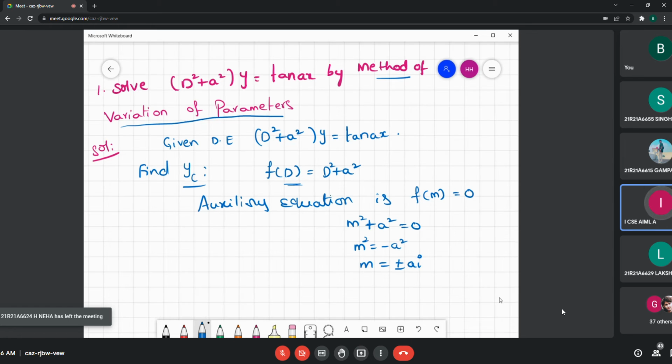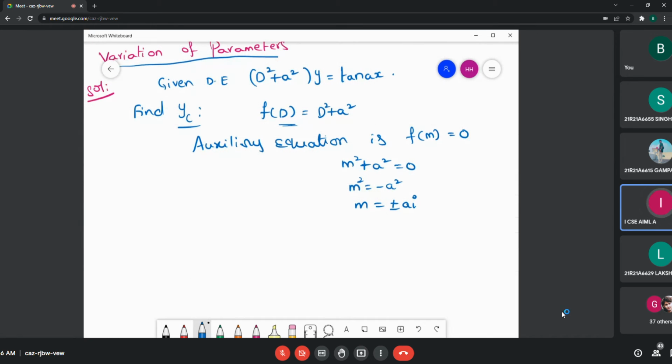So we have to write the complementary function for the complex roots. Here you can write the roots as 0 plus or minus ai, which is alpha plus or minus i beta. So alpha is equal to 0 and beta is equal to a. Now write the complementary function: yc is equal to e power 0x into (c1 cos ax plus c2 sin ax).